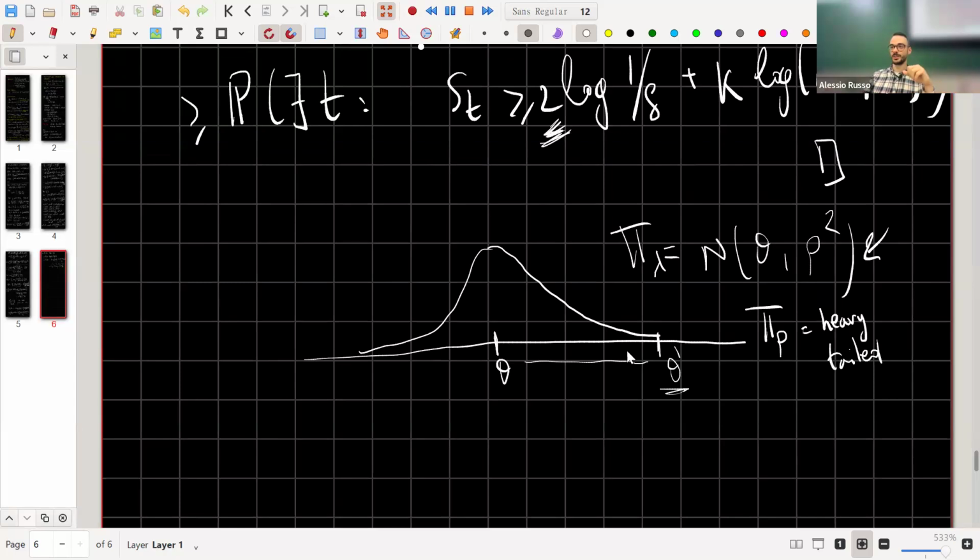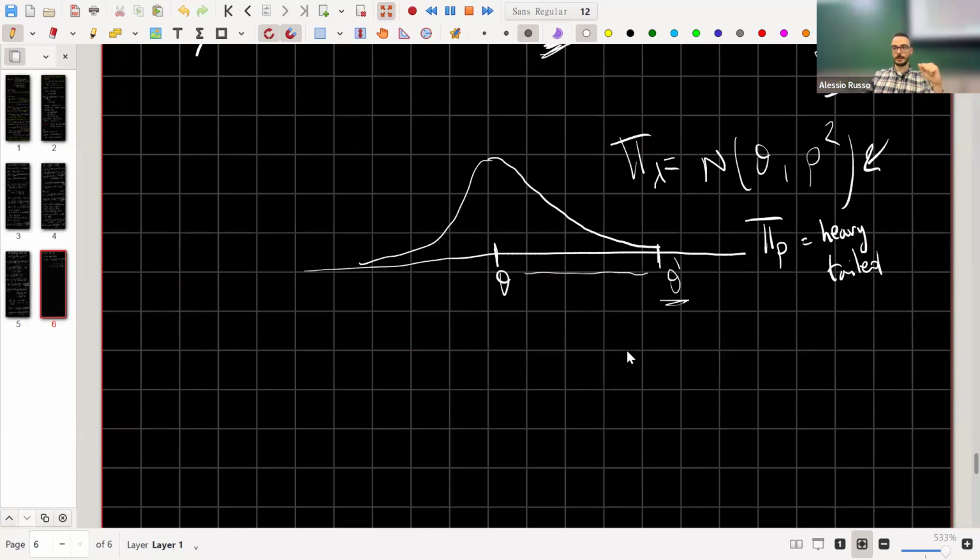I don't think it's worth it, but that's the idea. And I hope you get the intuition of why we should do this. Because we want our martingale to explode in case the true model is not theta. But if the true model is theta prime, it will take longer for the martingale to explode.